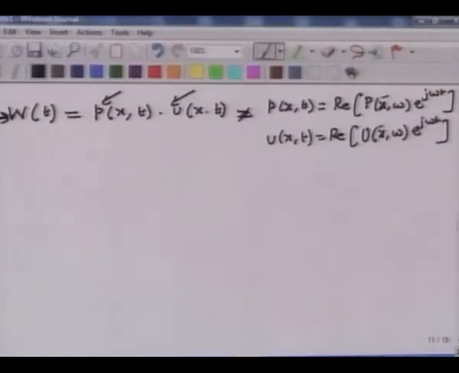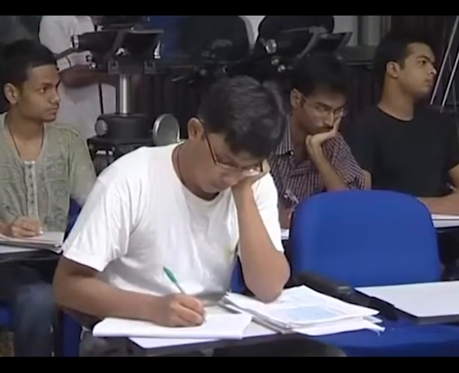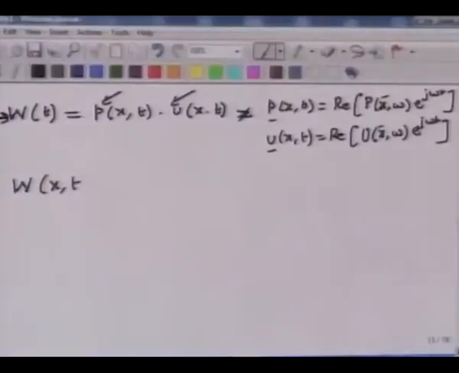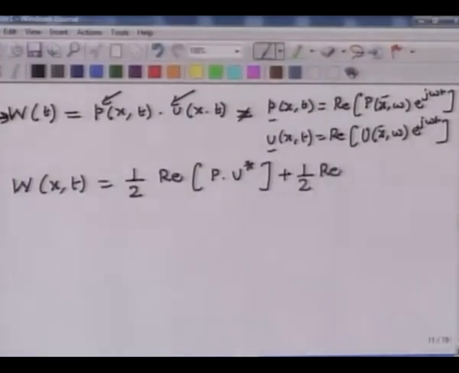So I substitute these pressure and velocity functions back into the equation for W, and what I get is W(x,t) equals half real P dot U star plus, remember I am using exactly the same analogy which I had in electrical engineering, P dot U e^{2j omega t}.